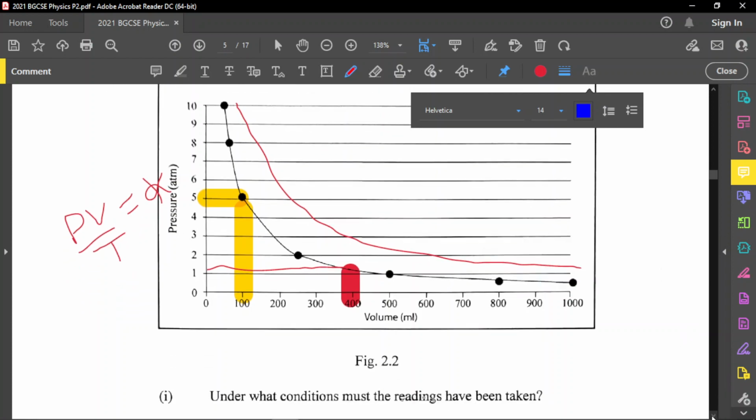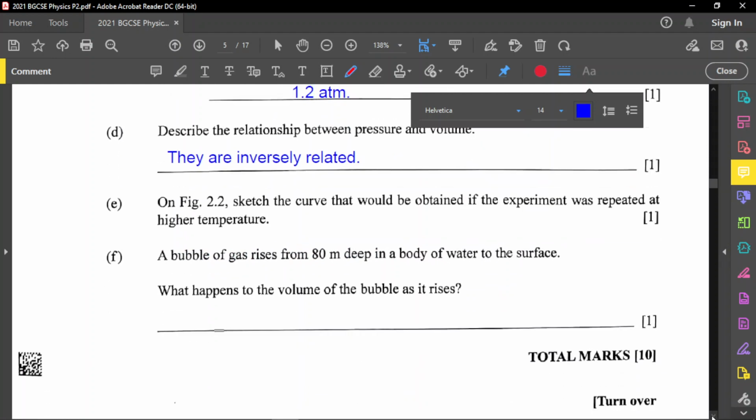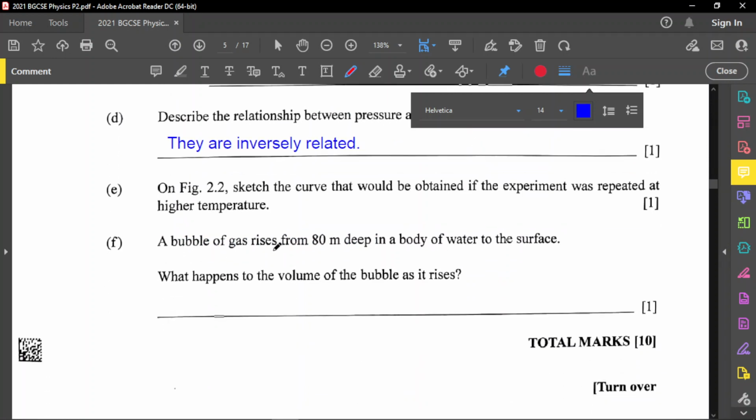All right, so let's go down to the last part of the question. A bubble of gas rises from 80 meters deep in a body of water to the surface. What happens to the volume of the bubble as it rises? What you need to remember in terms of water is that the deeper you go, the greater the pressure.